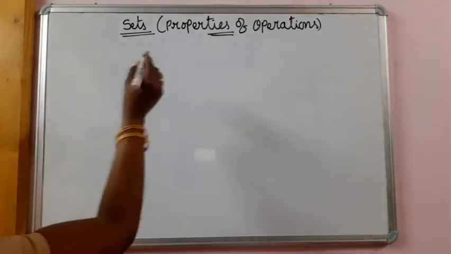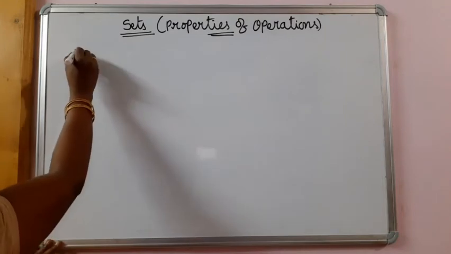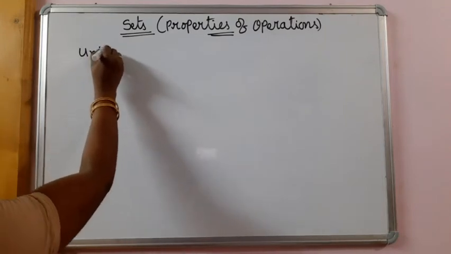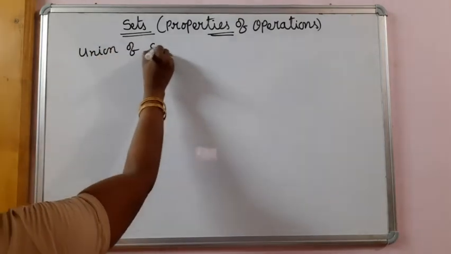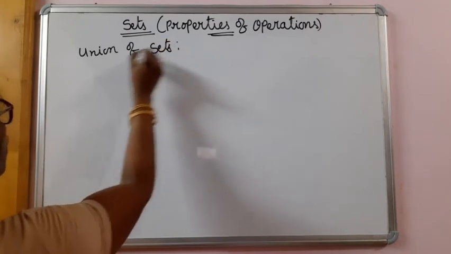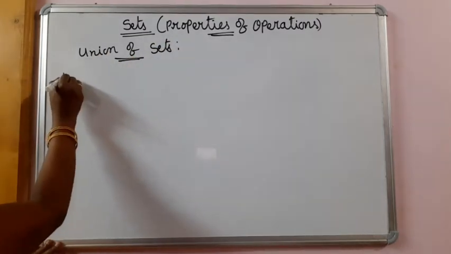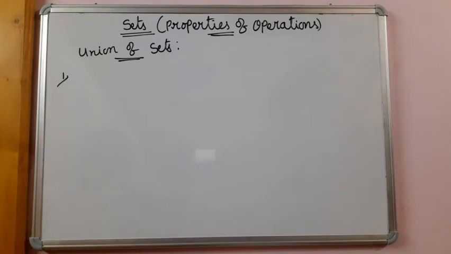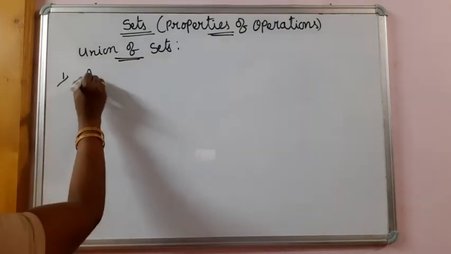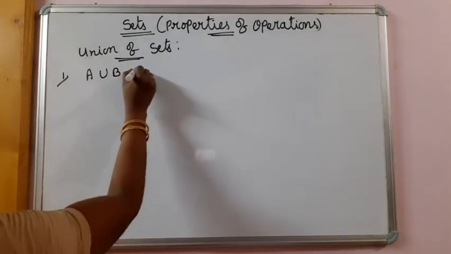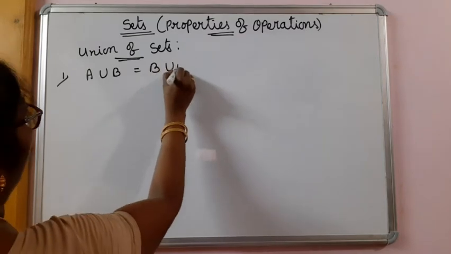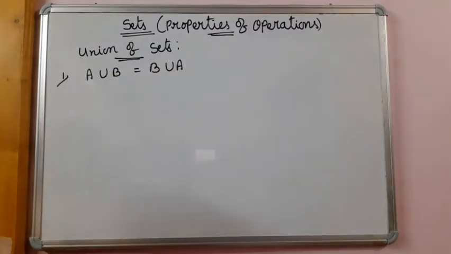First, let us learn the properties of union of sets. Your first property is A union B is equal to B union A. I need not explain this.